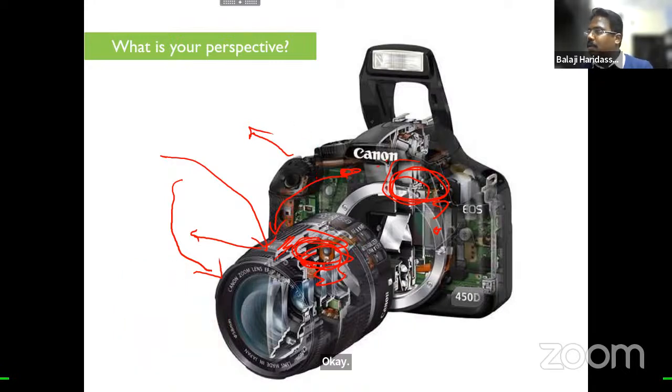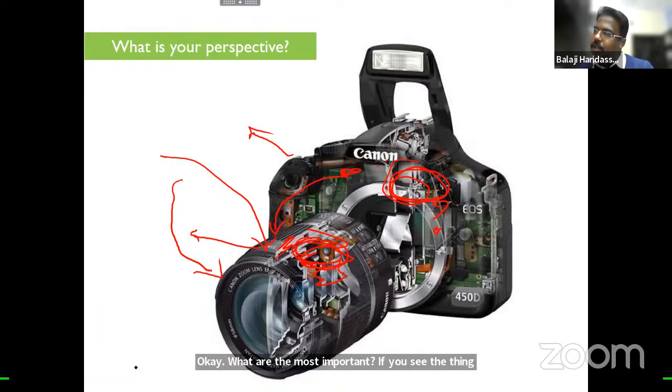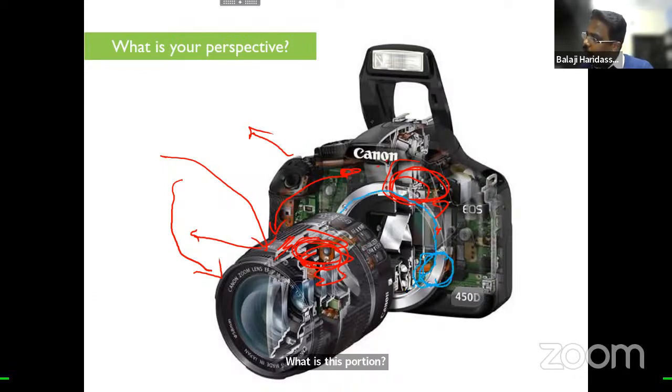What is the most important? If you see, the thing that is making this design good is this portion. This connecting portion is the most important in this entire design. This is the interface.